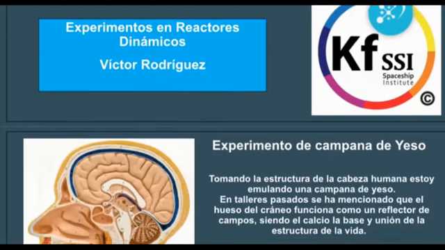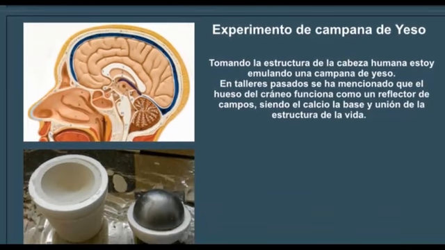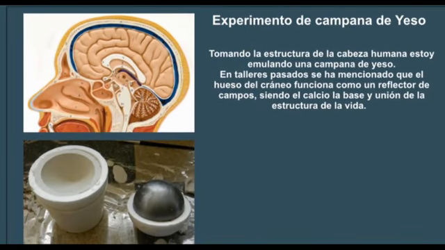Este es un experimento donde estoy tratando de replicar la cabeza humana. En workshops anteriores se ha dicho que la estructura de la cabeza representa un reactor dinámico.